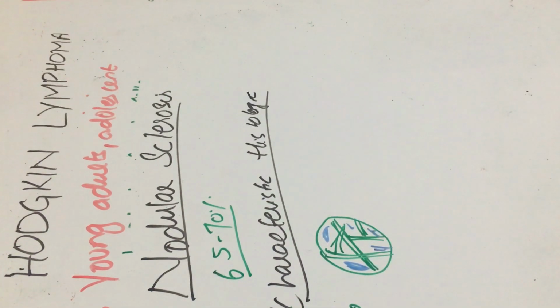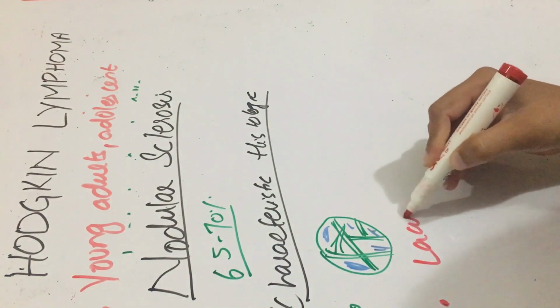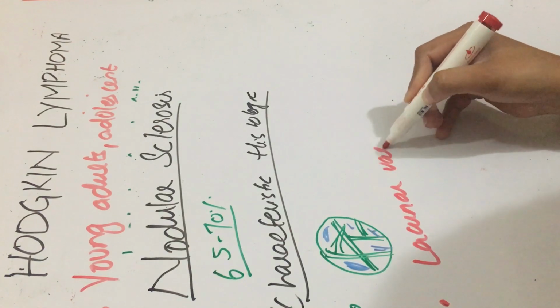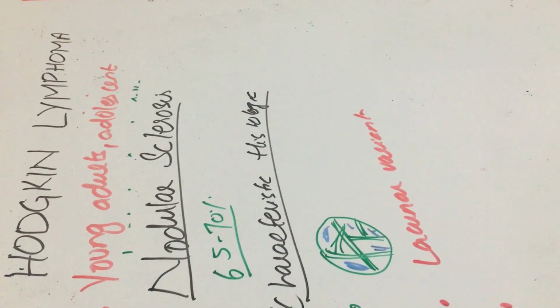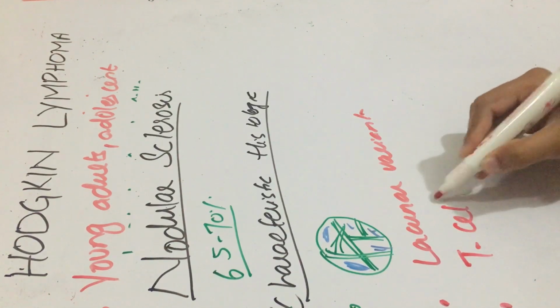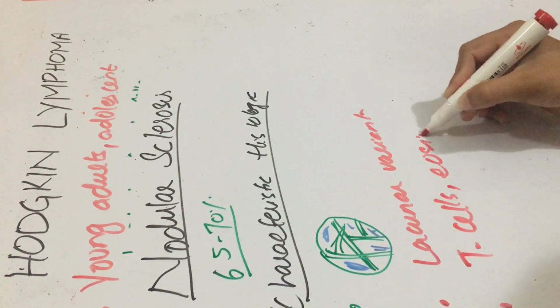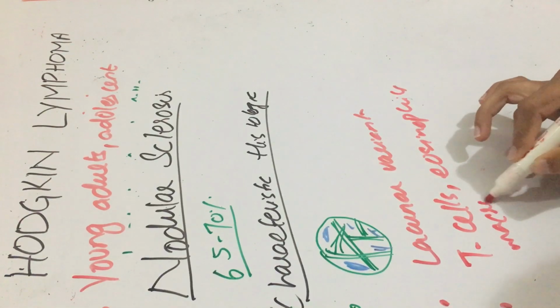And third, the lacunar variant Reed-Sternberg cells are present, and in the background, more than 90% of the cellularity is formed by T cells, eosinophils, macrophages, and plasma cells.